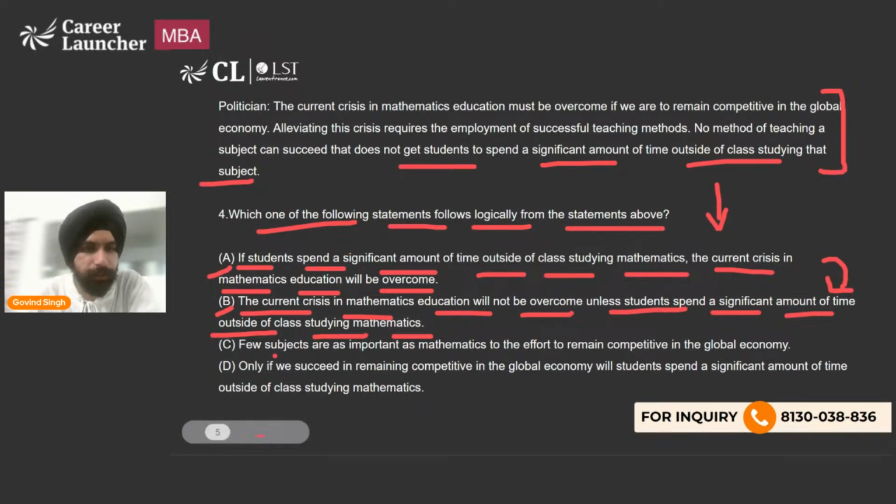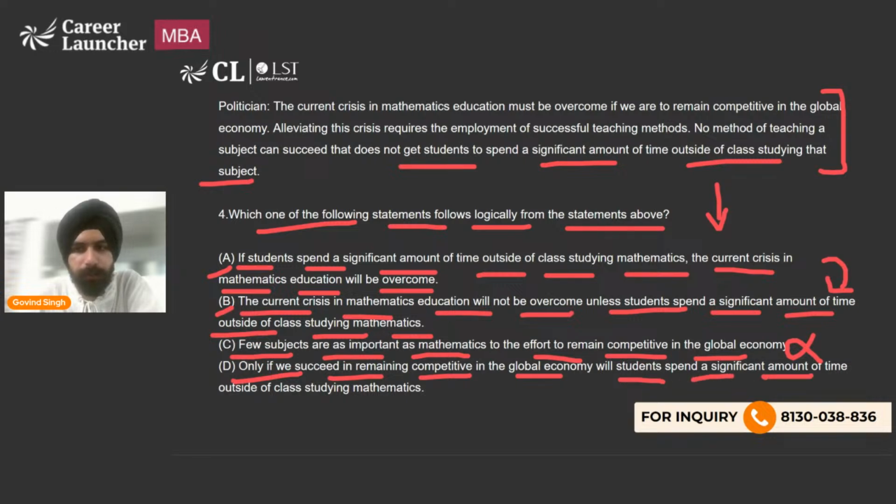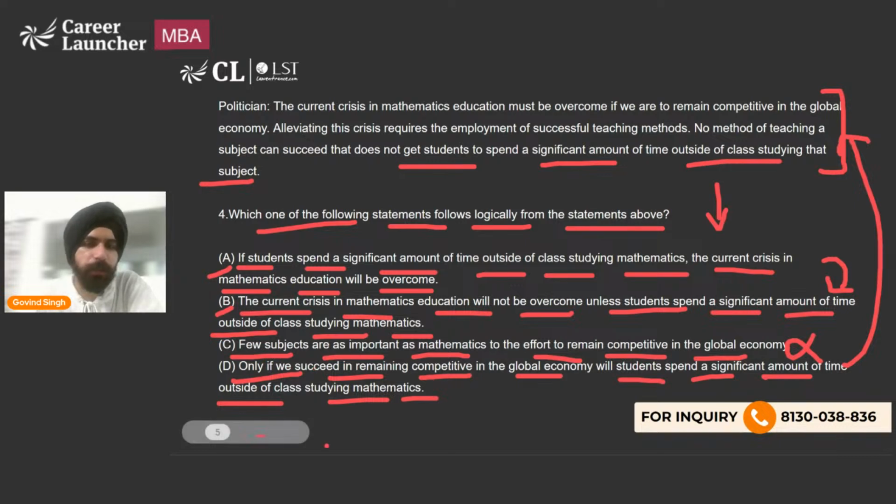Let's look at option C and D. Few subjects are as important as mathematics to the effort to remain competitive in the global economy. Now, this is unrelated and vague, definitely not the right option. Only if we succeed in remaining competitive in the global economy will students spend a significant amount of time outside of class studying mathematics. This again brings you to the first statement. It is not logically flowing, it is returning back to the first statement. So, this is not making a logical flow.